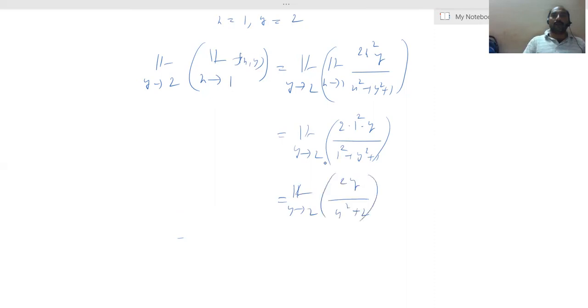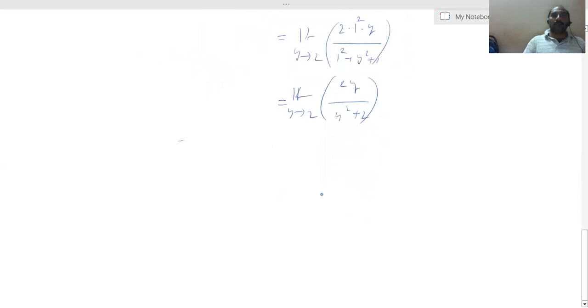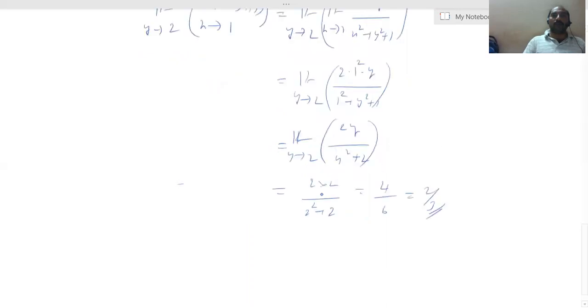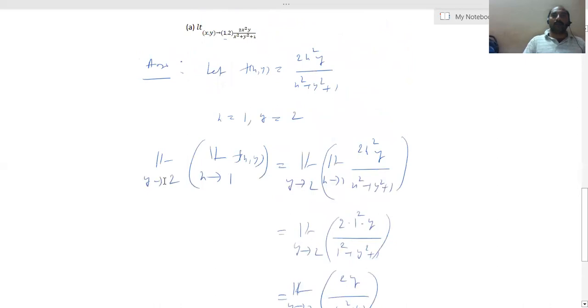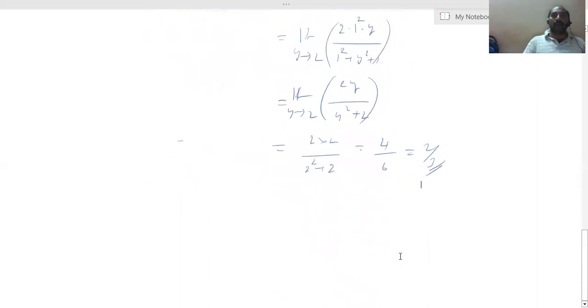Now substitute the y value: 2 into 2 by 2 square plus 2, which is 4 by 6, equal to 2 by 3. So one limit value, limit y tends to 2, limit x tends to 1 of f of x comma y, is 2 by 3, a finite value. Now we find the other limit by interchanging the limit order.